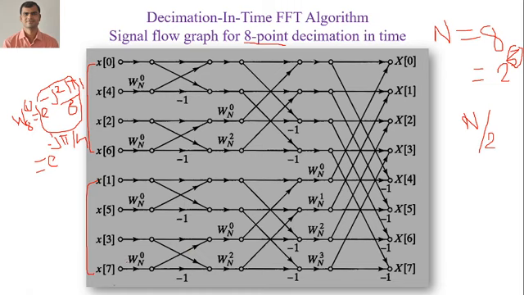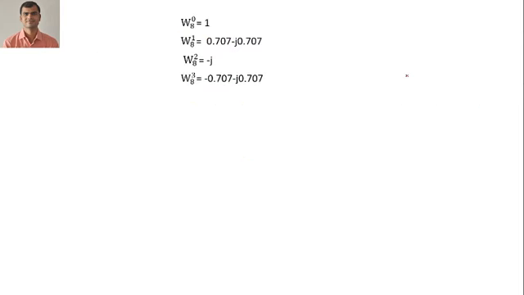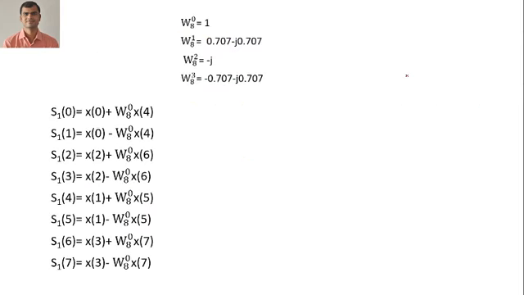And here in stage 2, this value is s1 of 0, and here the value is s1 of 2 multiplied with W80. In this way we have to calculate for stage 2 and also for stage 3. I have told you earlier, whether you consider W80 or not it remains the same, since that value is equal to 1.